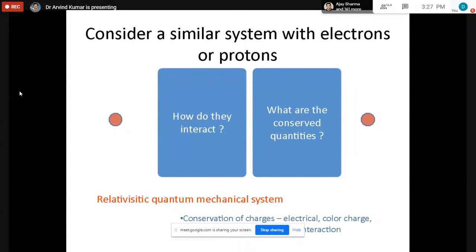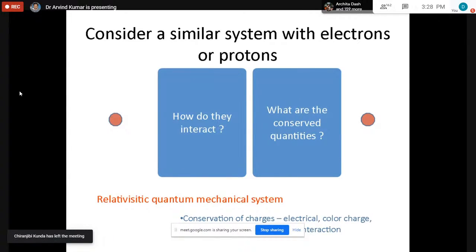So the question is, if we consider a similar system with electrons or protons, how do they interact? What are the conserved quantities is the question we want to ask. But remember, this is not a general classical system. It is a relativistic quantum mechanical system, but still energy, momentum, and angular momentum will all be conserved, but also you'll have other conserved charges.